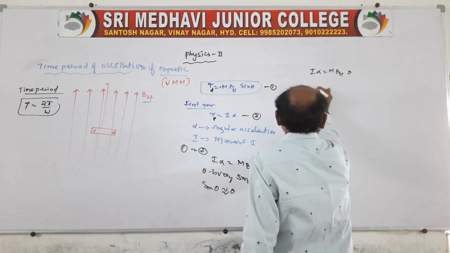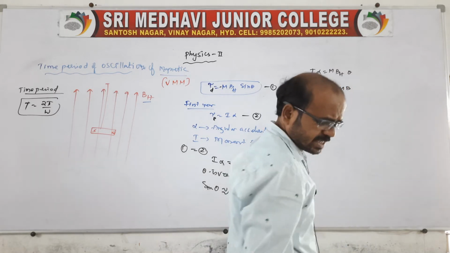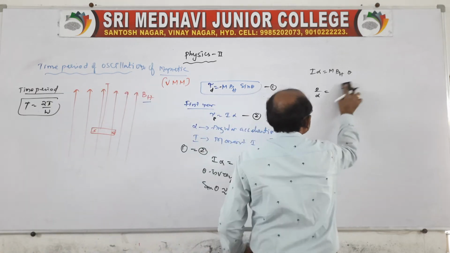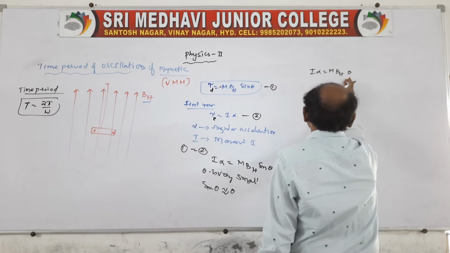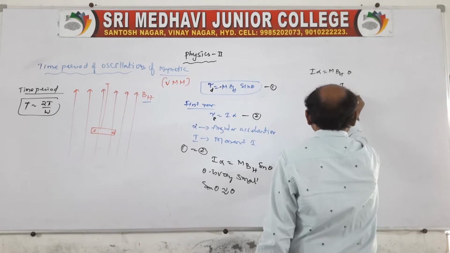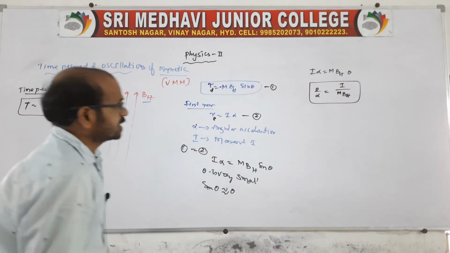Therefore, theta by alpha is equal to I by MBH. This is the angular displacement by angular acceleration.